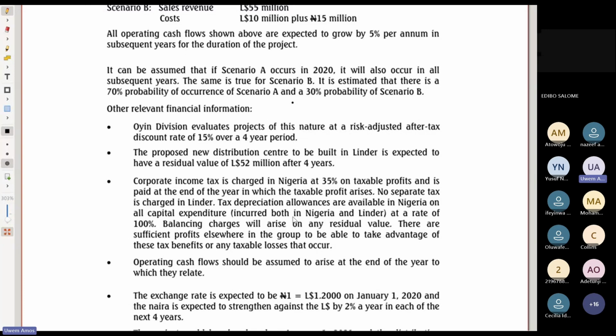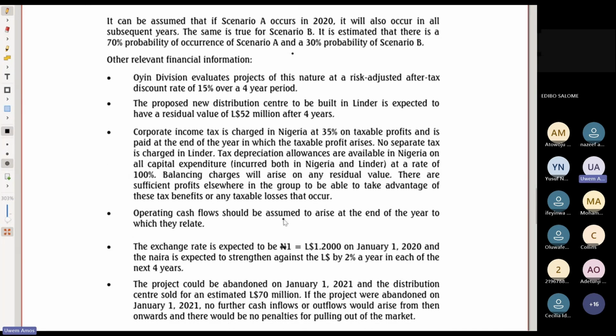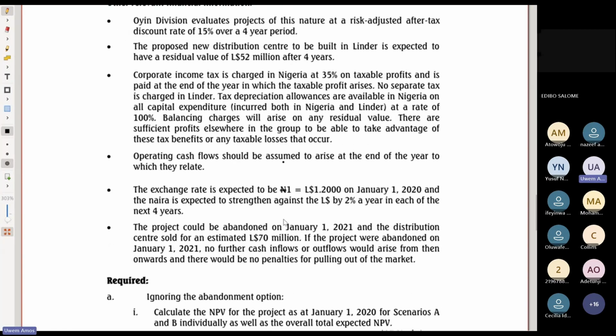January 1, 2020, and the naira is expected to strengthen against the Lindarian dollar by 3% a year in each of the next 4 years.